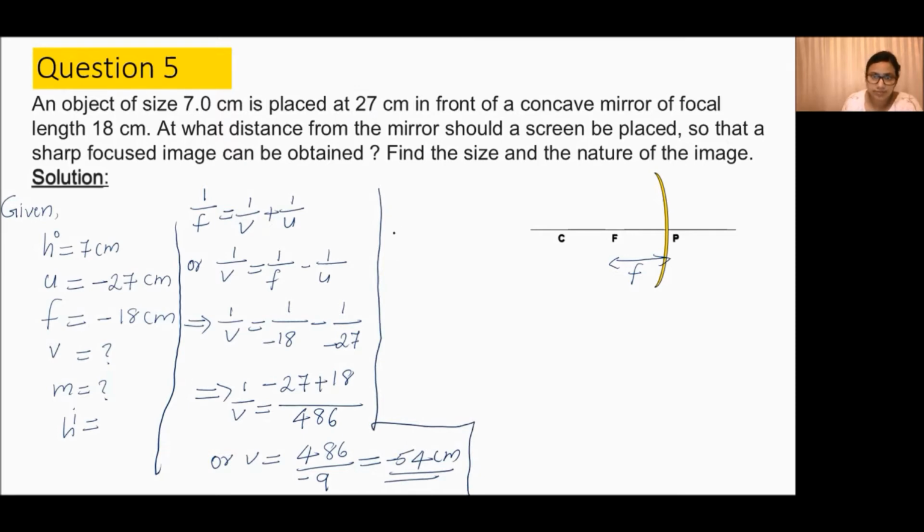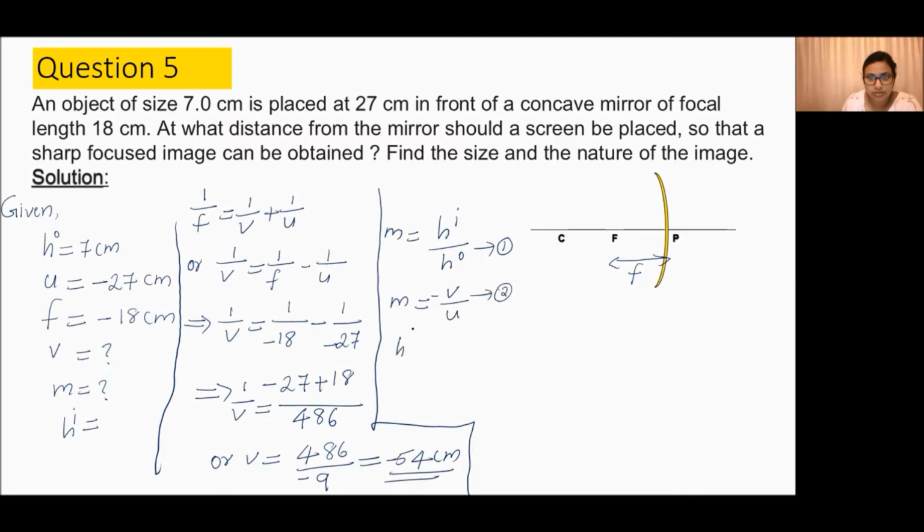Next, we have M is equal to HI by H naught, and M is equal to minus V by U. Equation number 1, equation number 2, create these two equations.